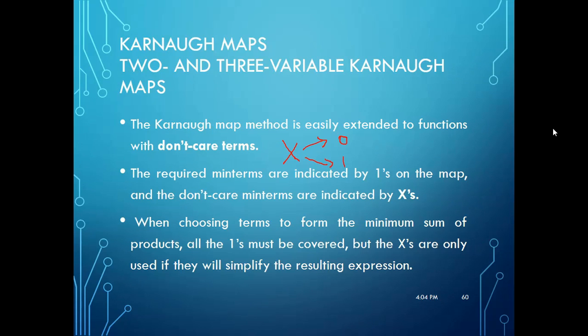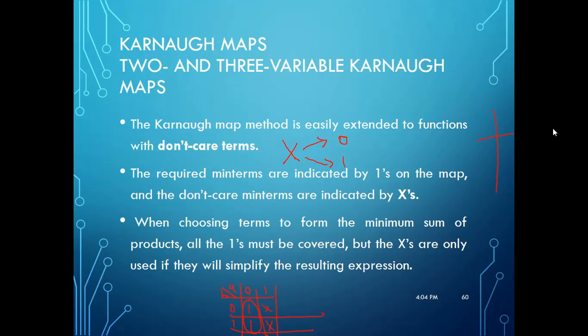For example, if you have it like this, with a on one side and another variable on the other side, and if you take 0, 1, 0 like this, you can do pairing for this. If necessary, you can do the pairing for the don't care conditions also.